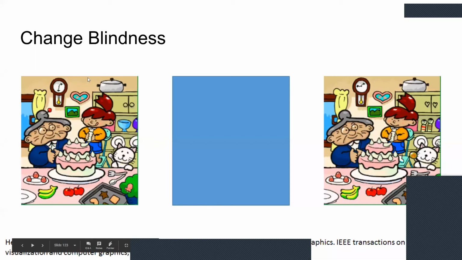Change blindness is the idea that if we include a blank slide between these two images, it affects the way we see and remember them, so it becomes a more difficult task. If we just have the two images on the same screen, we can see pretty quickly what the differences are. But once we introduce this little blank slide, we have more of an issue.